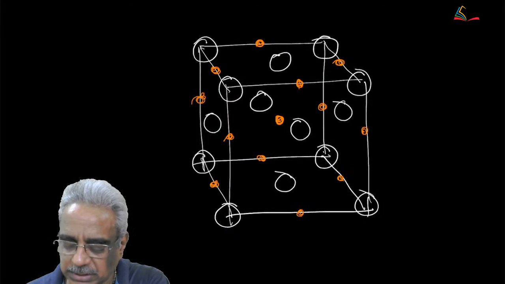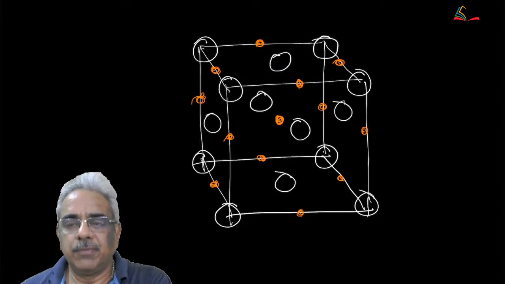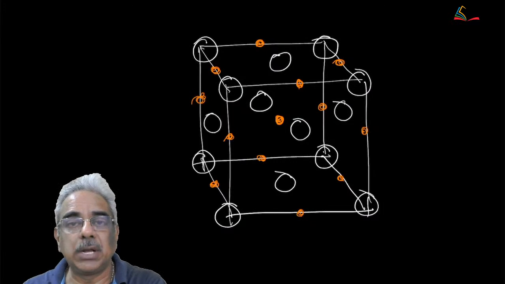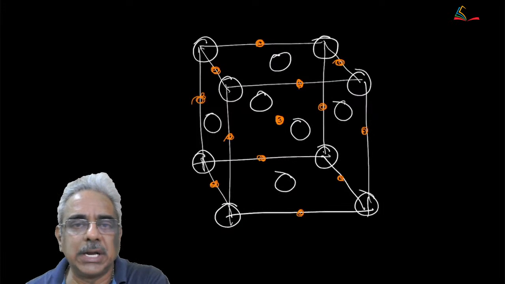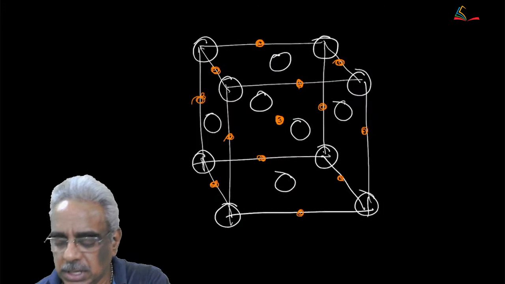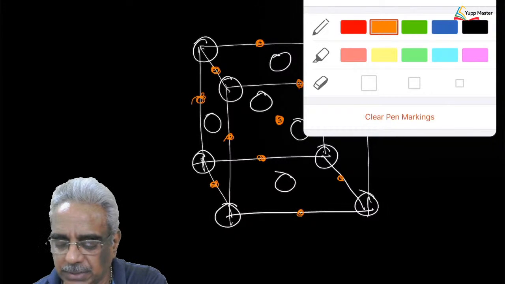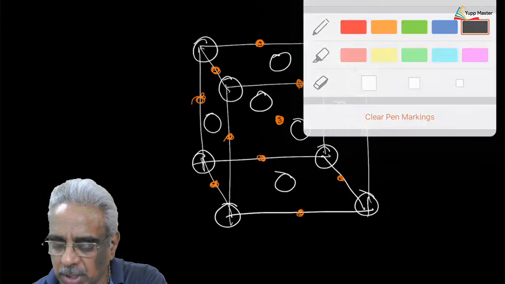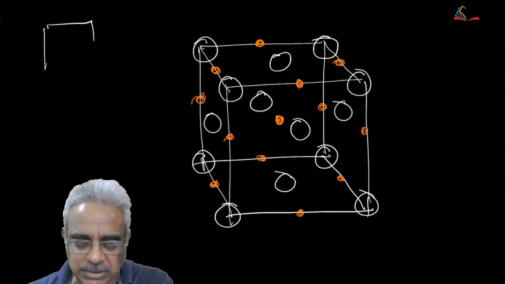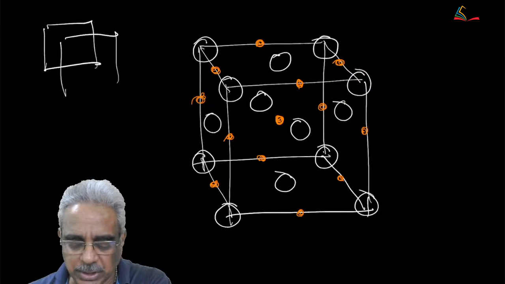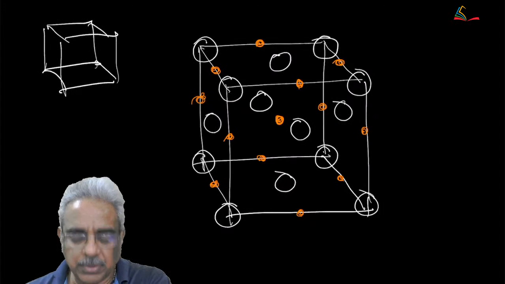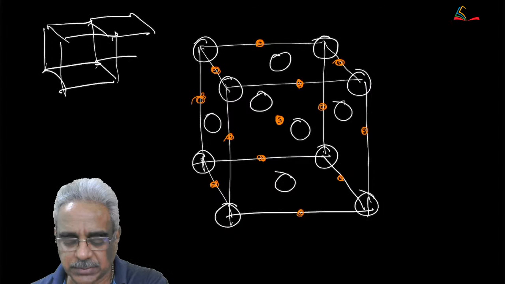Now my question is, in one unit cell how many sodiums and how many chlorides are there? Don't physically count, because there is a very easy logic. Suppose you have one unit cell like this. It's a small unit cell of the crystal, but this is not the entire crystal. It continues like this to the next place.